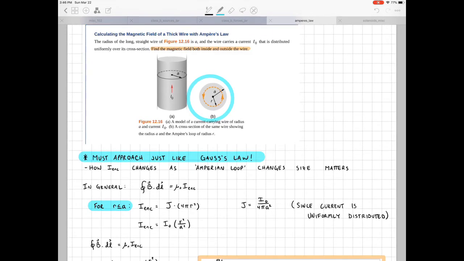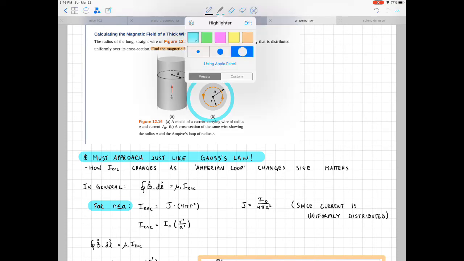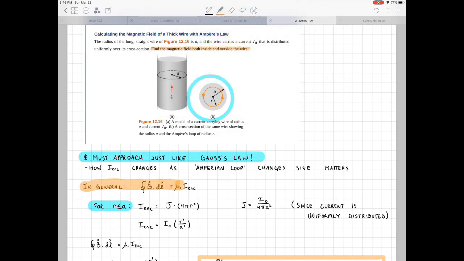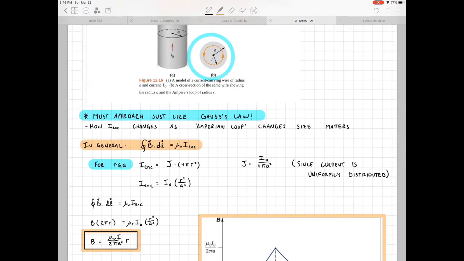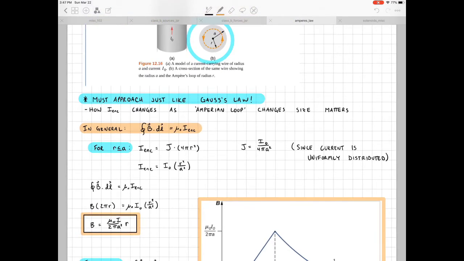How the current enclosed changes as the Amperian loop changes depends on the size of the loop. And so, in general, we can always start our Ampere's law problems like this. And remember, that's exactly how we would start our Gauss's law problems as well. And so we start with this expression, and then the question really is, what's the current enclosed?